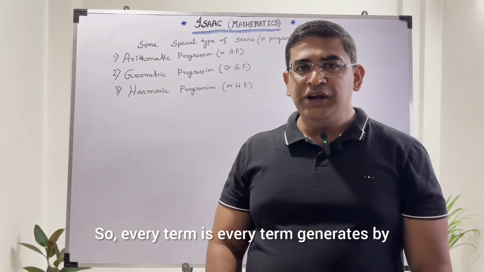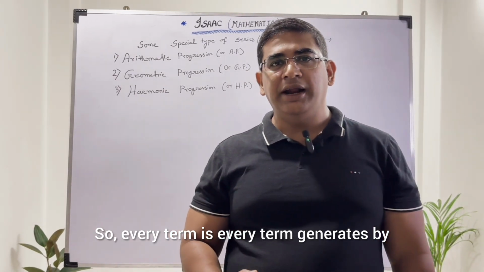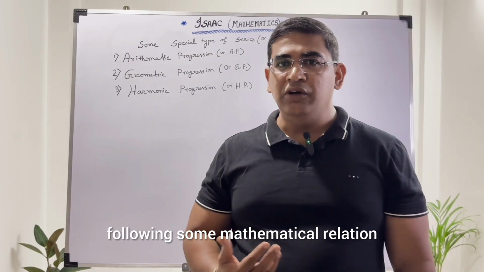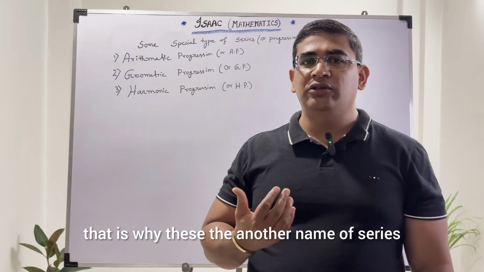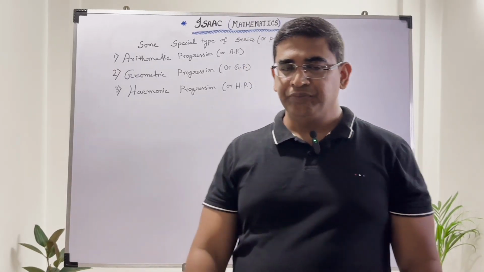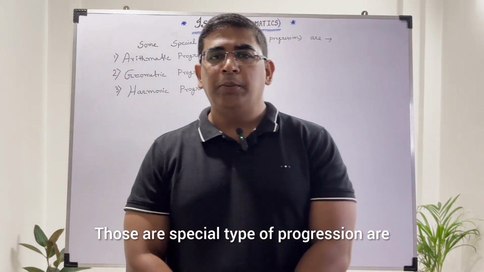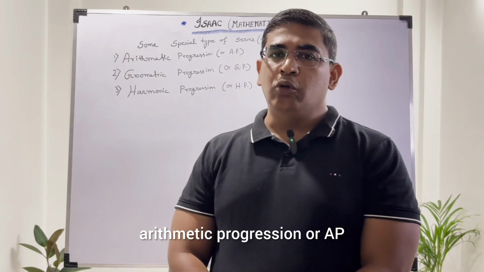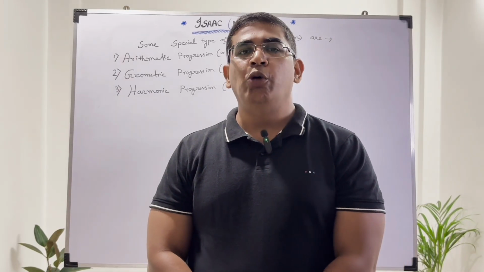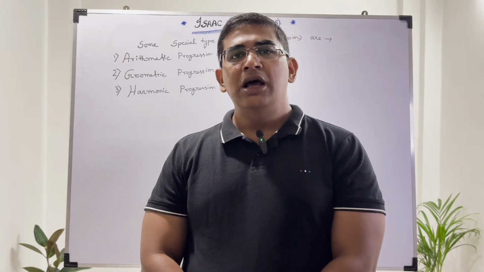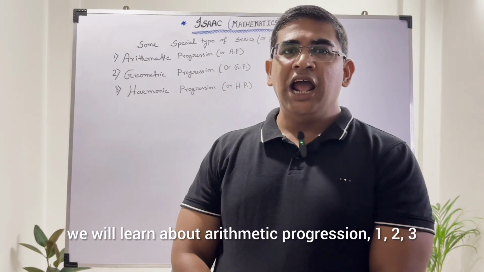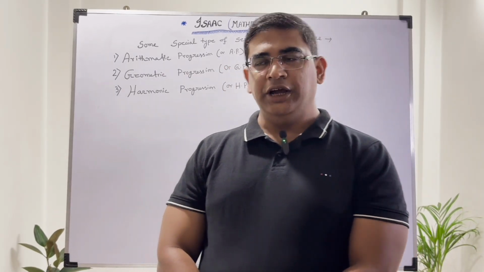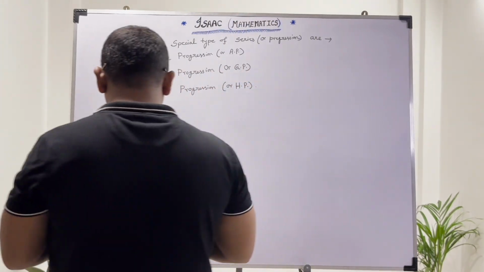So every term is generated by following some mathematical relation. That is why another name of series is progression. Okay, so some special types of progression are arithmetic progression or AP, geometric progression or GP, harmonic progression or HP. Now we will learn about arithmetic progression.